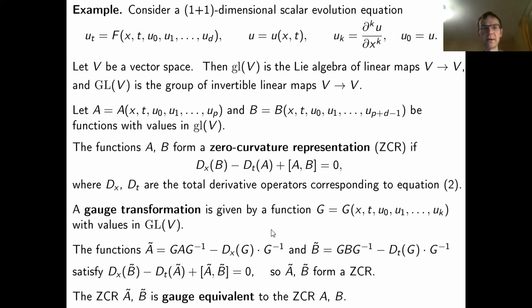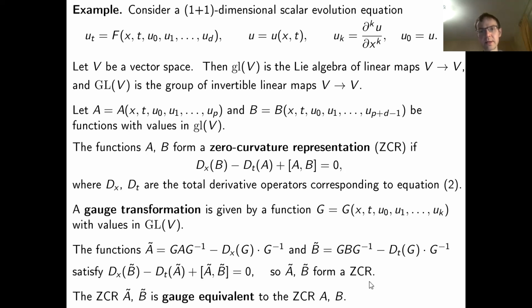We initially have functions a and b, we apply a function g which is invertible, we apply g to a and b by these rules, and we get functions a tilde and b tilde, which also satisfy the zero curvature condition. They form a zero curvature representation which is called gauge equivalent to the initial zero curvature representation.